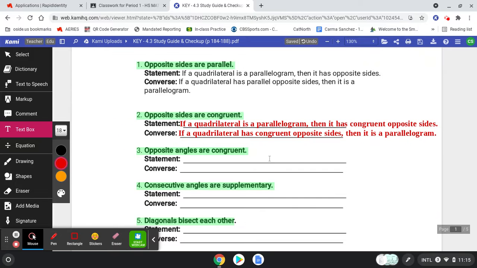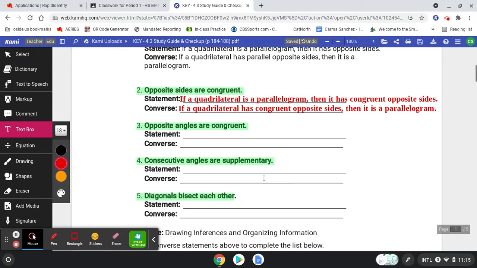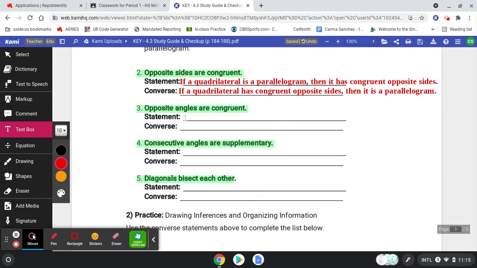Okay, so we're going to go do this on all of the rest. If you want to pause the video here and go try it out, otherwise I'm just going to work through these here. And these are called if-then statements. We're going to start with, if a quadrilateral is a parallelogram every time, then it has congruent opposite angles for this one.